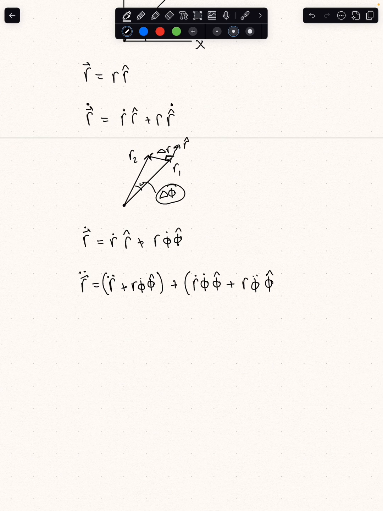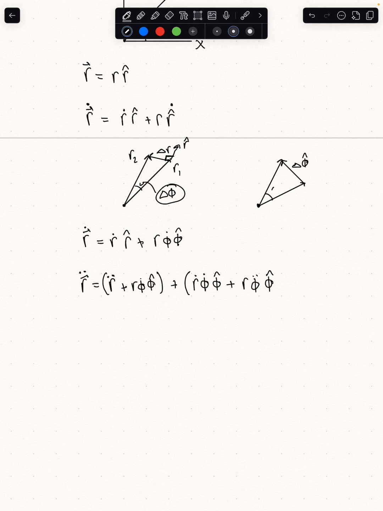If we make this the origin, here's this vector. Then here is the change in phi hat. Now this one may not be obvious.